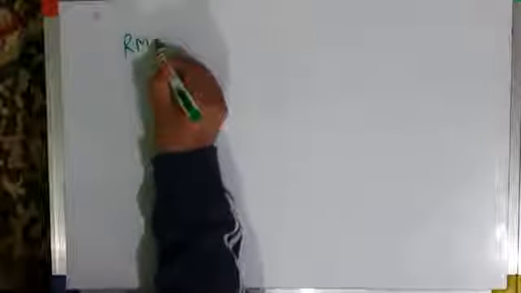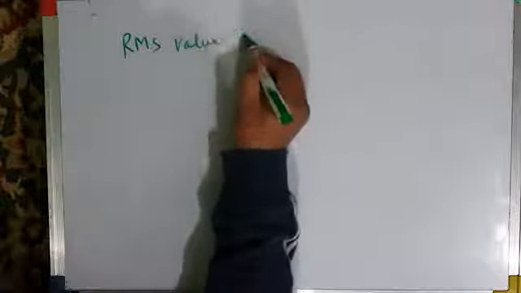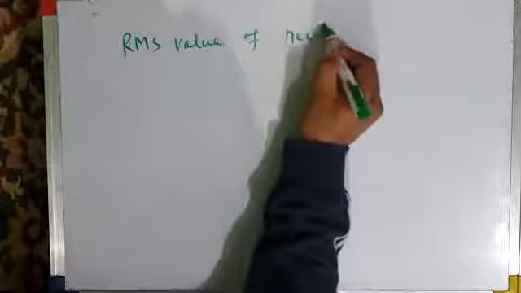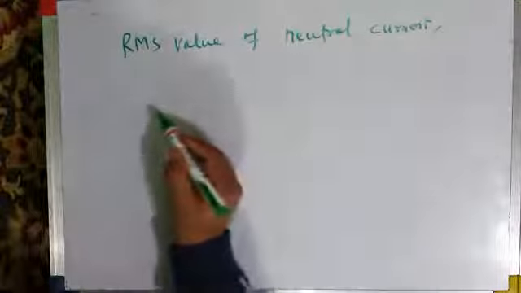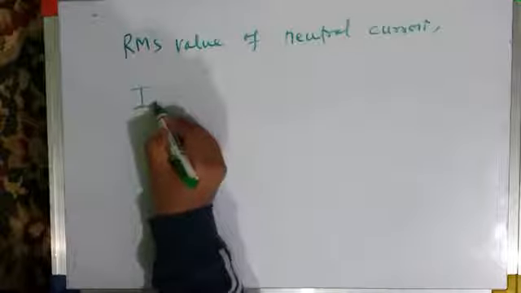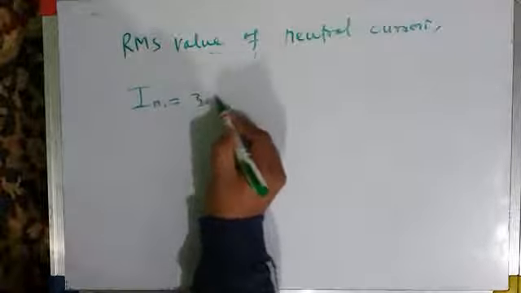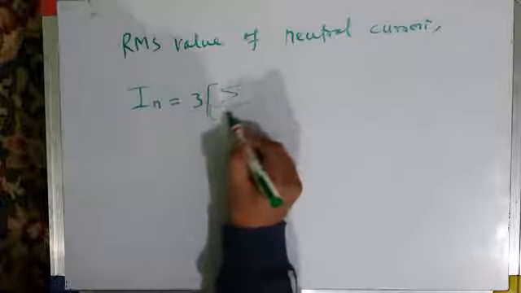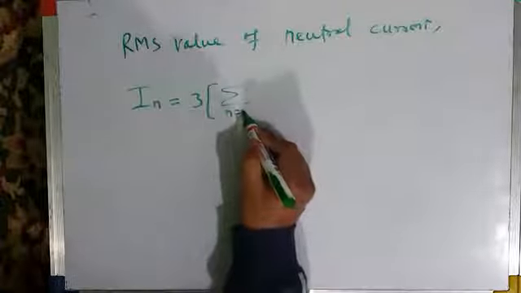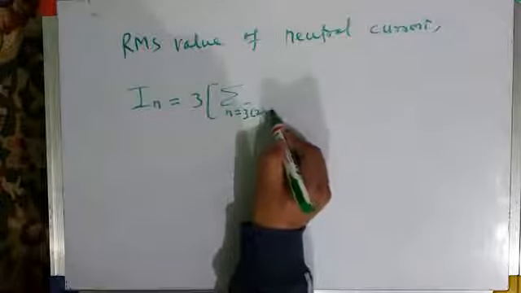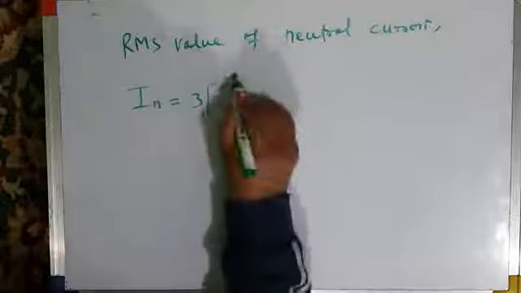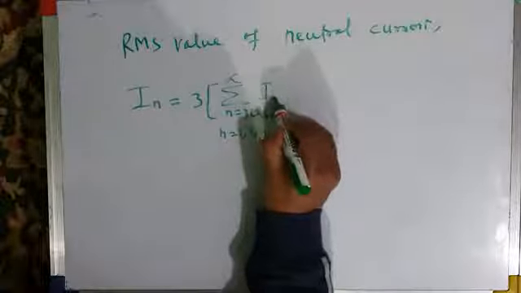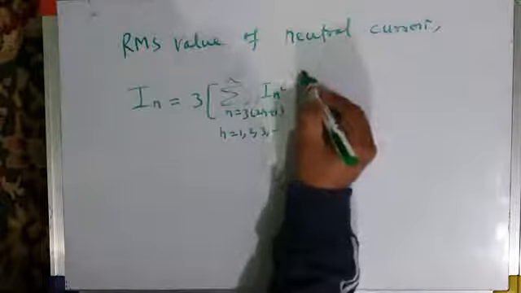So I can write the RMS value of neutral current here. It can be written as IN, the RMS value of neutral current, is equal to 3 times the summation over N equal to 3 into (2H plus 1), where H is equal to 1, 2, 3 and so on, up to infinity, of IN square, whole raised to power 1 by 2.